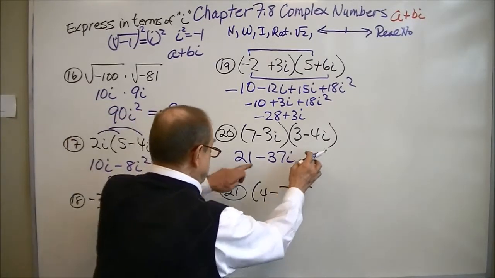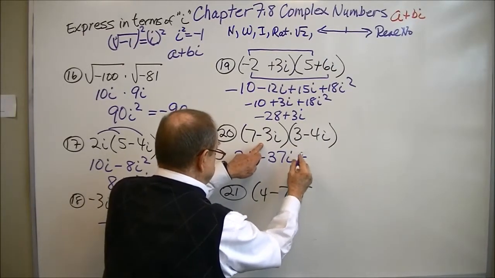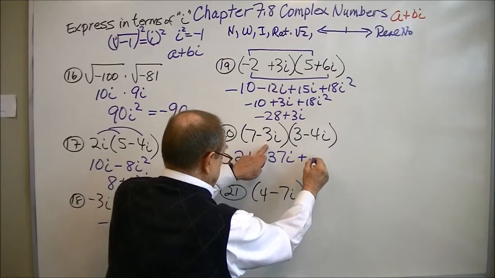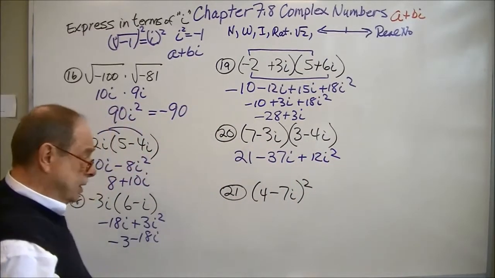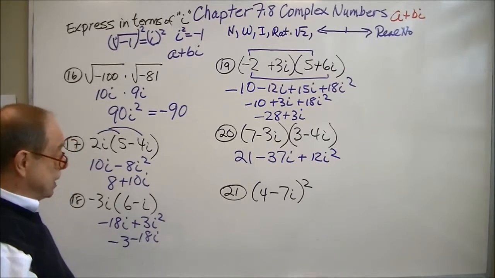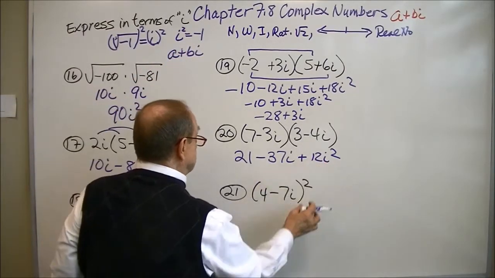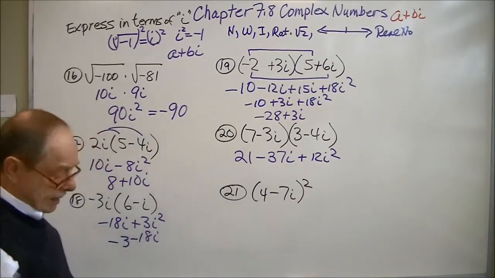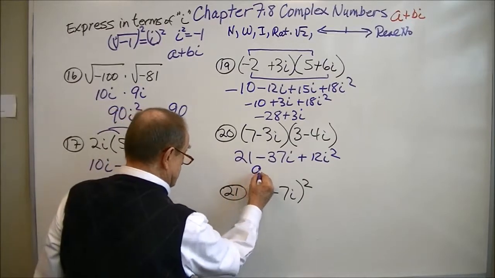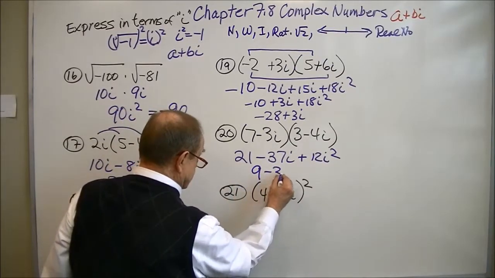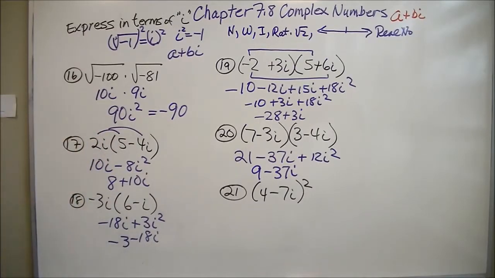And when we multiply our last term, we get a +12i squared. But we know that i squared is a -1. So this is a -12. A -12 and a 21 become a 9 minus 37i. Okay.